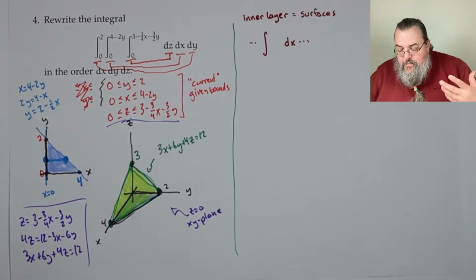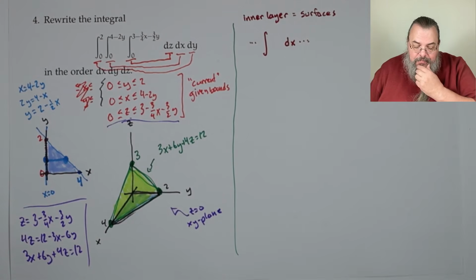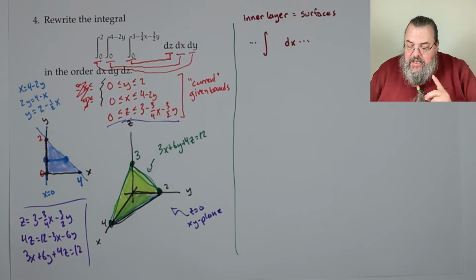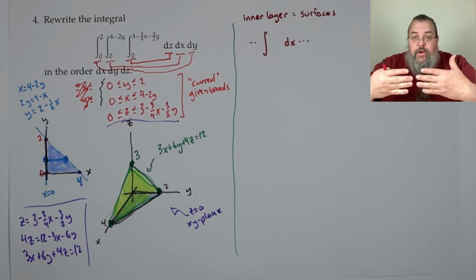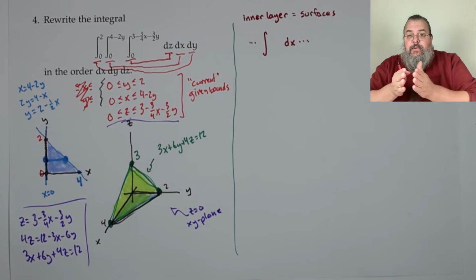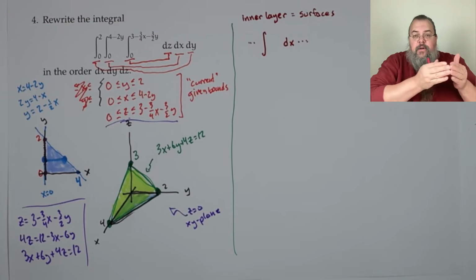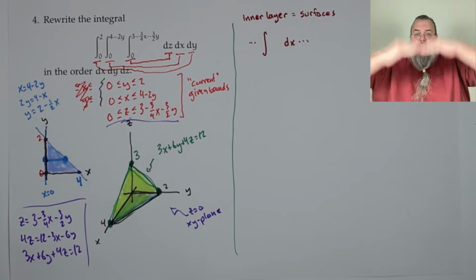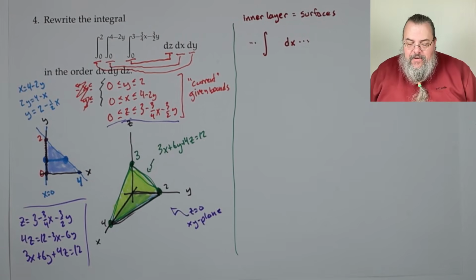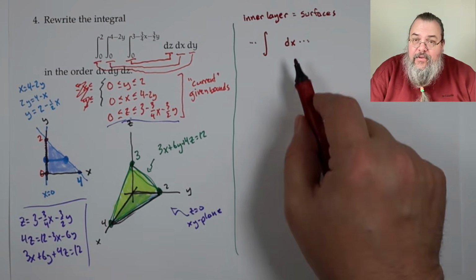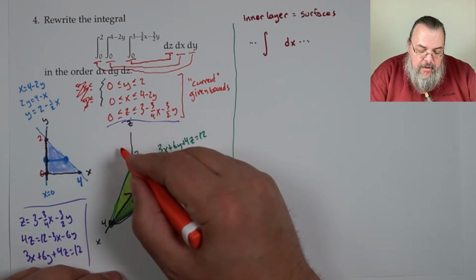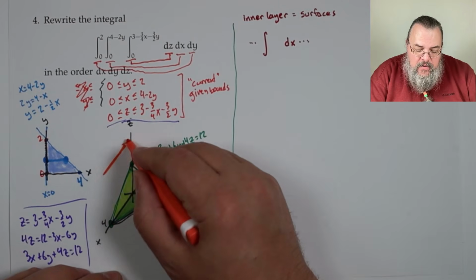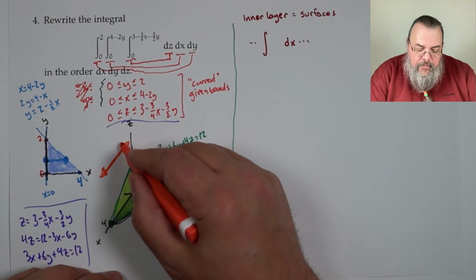Now, we have to think about what's going on. Here's the key. This dx tells you which direction you're moving, right? Because there's 3 ways. We could move in 1, 2, or 3 different ways. We are going to move in the x manner. In terms of our picture, when we talk about x, that means we're moving parallel to the x-axis.